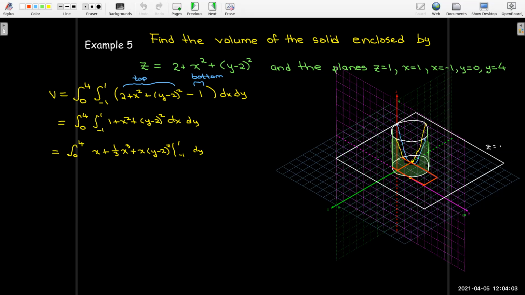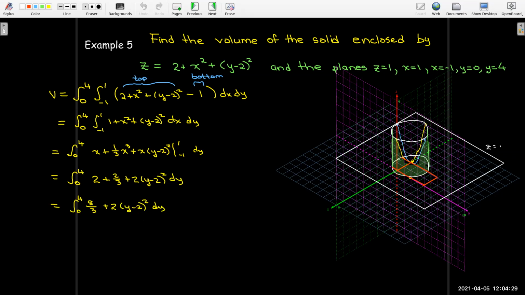Then evaluate that between -1 and 1. So remember, I'm just replacing the x values with 1, subtract off the value when x equals -1. And so then I get a new expression with y only. And let me clean that up by collecting the like terms again.